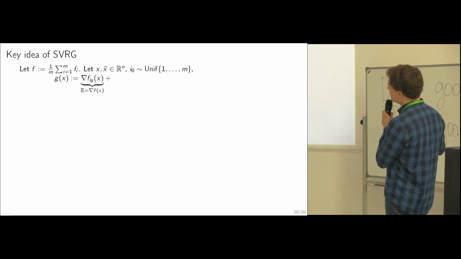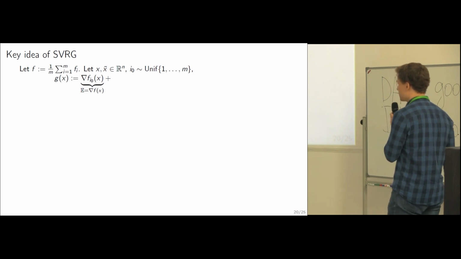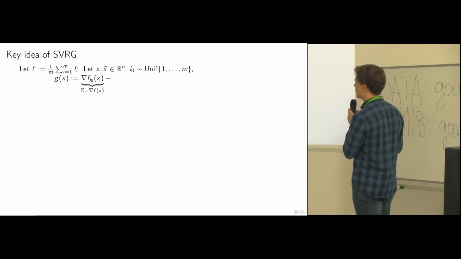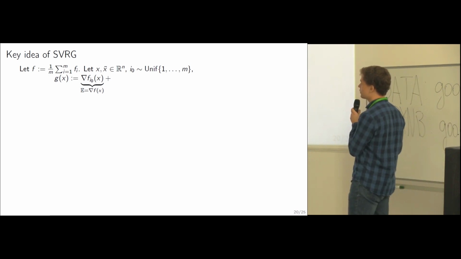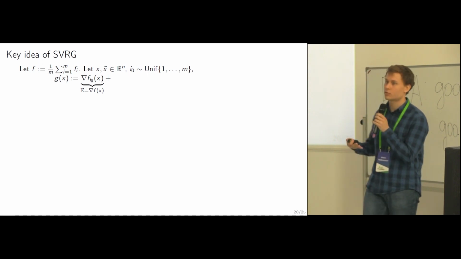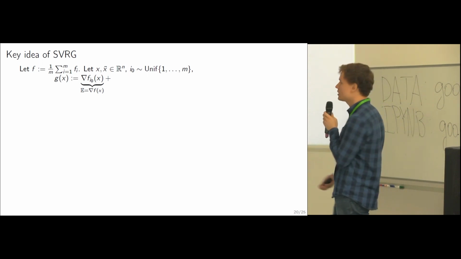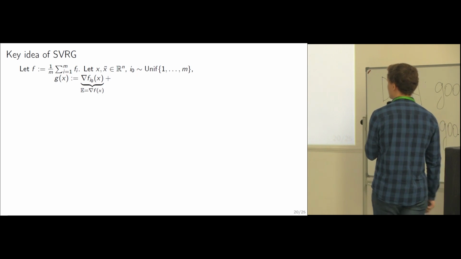So let us look at the finite sum problem and recall that previously we used the gradient of one individual function as a stochastic gradient, and it was an unbiased estimate and so on. However, we saw, for example, for empirical risk minimization, that the magnitude of this thing does not go to 0. It is related to the size of the data, and there is no way it can go to 0.